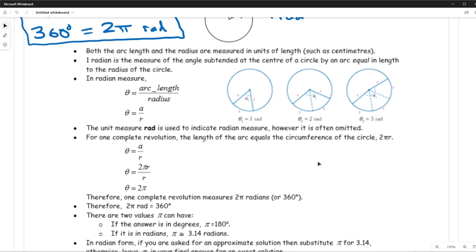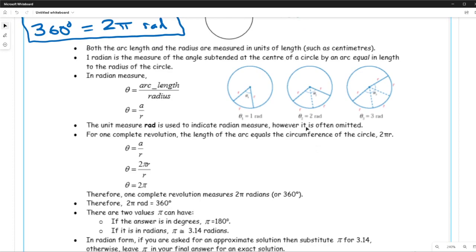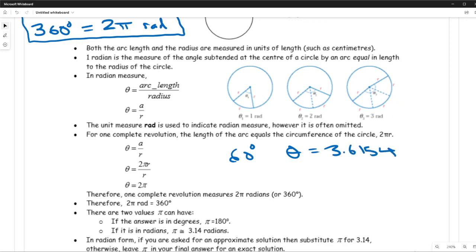So for example, if you say theta equals 1 or theta equals 2 or theta equals 3, it's understood that you mean rad. If you want to say 60 degrees, you need the degree sign. If you want to say theta equals 3.6154, I will understand that rad is your implied unit.